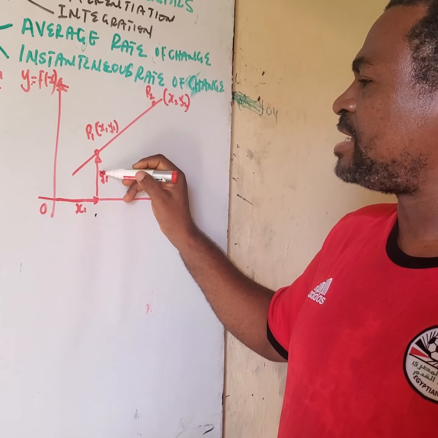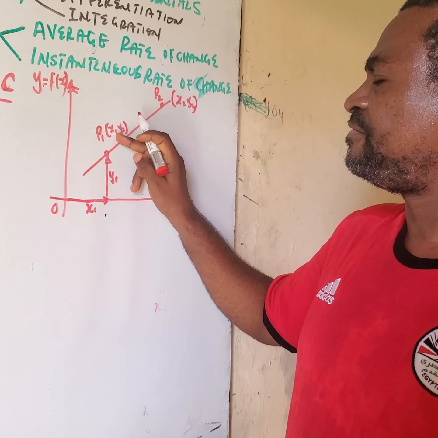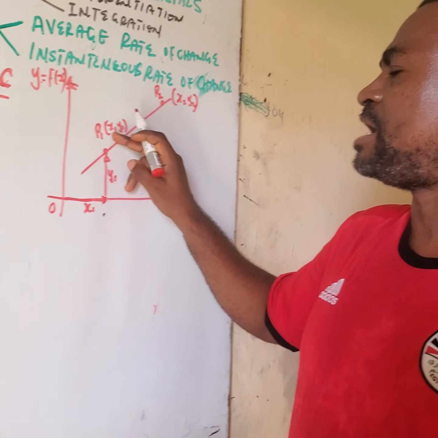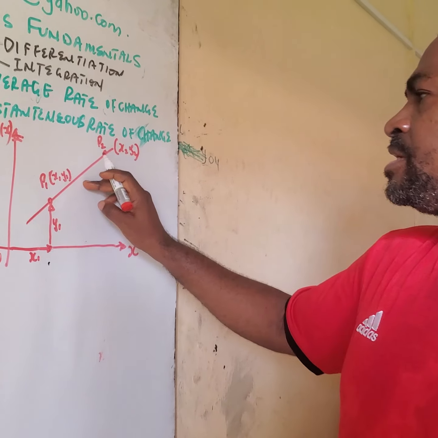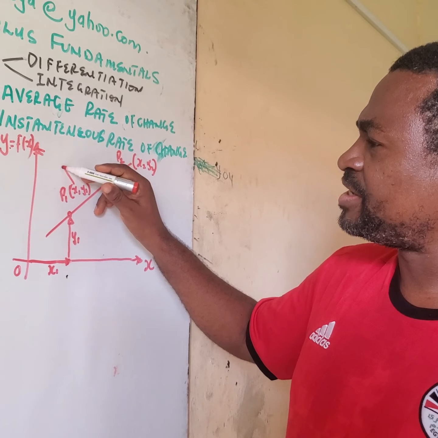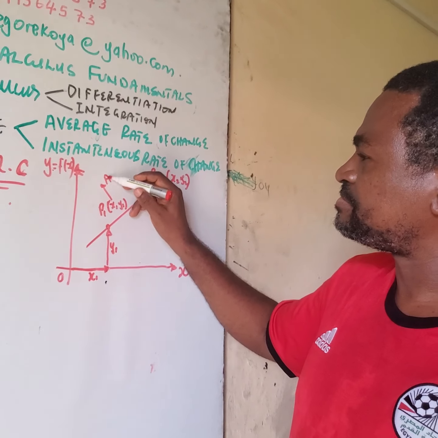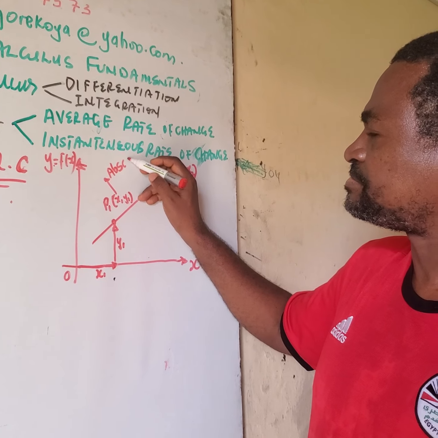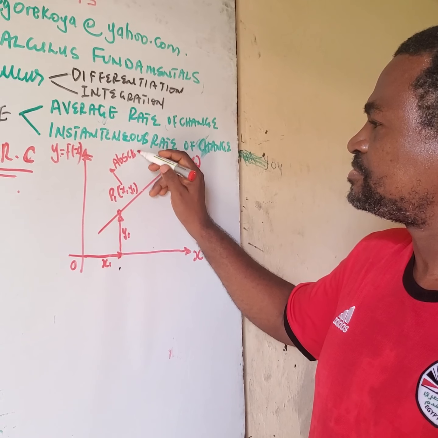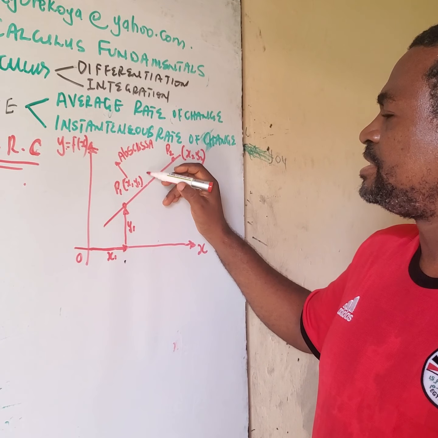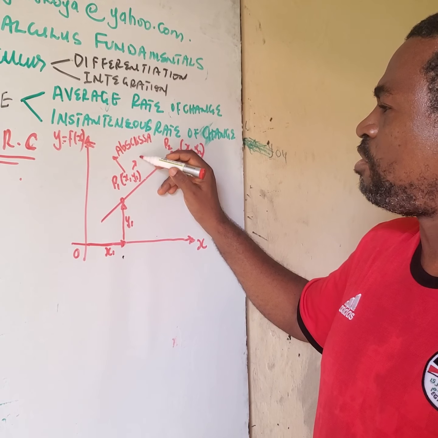So in order to summarize this movement, I have x1, y1. They are called coordinates. The first one is called abscissa. The second one is called ordinates.